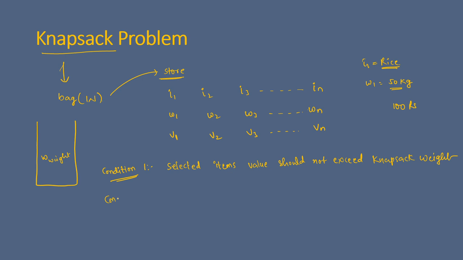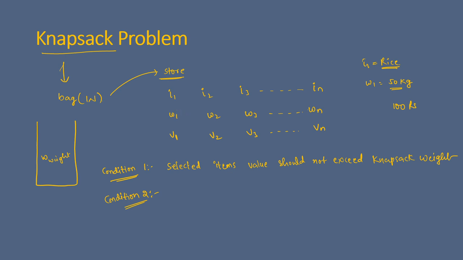And the second condition I am writing. The second condition is the greedy method. The items and weights you have chosen should give the maximum value.